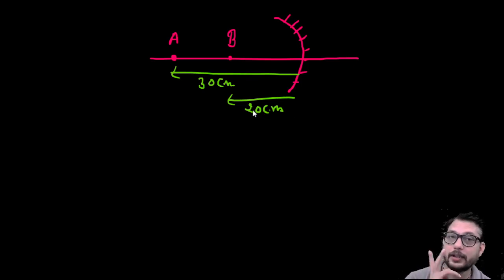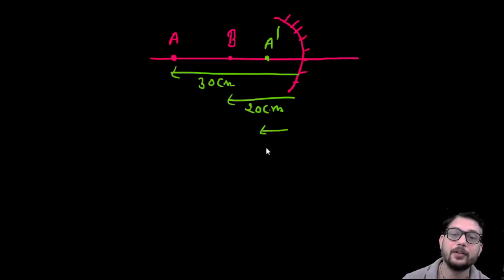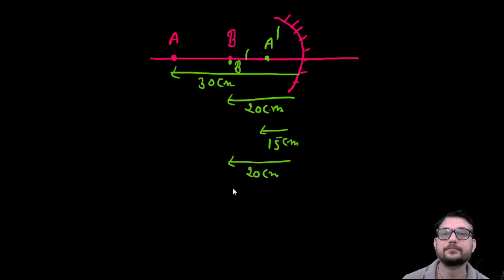For the images of these two points, the image of A, A dash, is at 15 centimeter, and B dash is at point B itself, 20 centimeter. So what are the final points of the image? The points of the image are A dash and B dash.